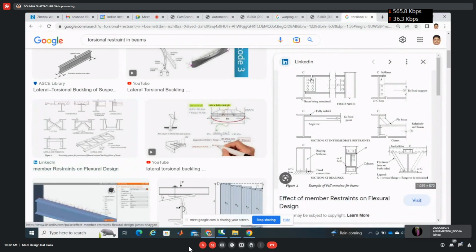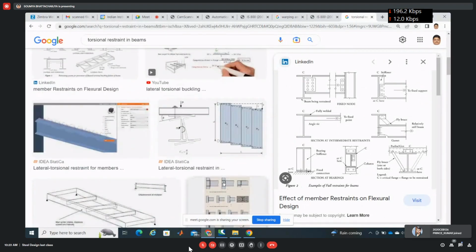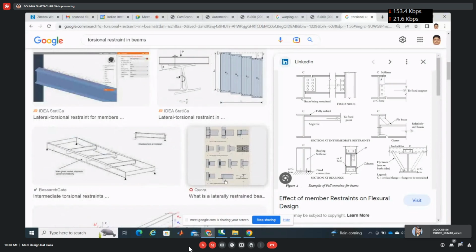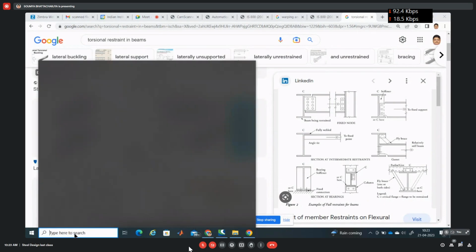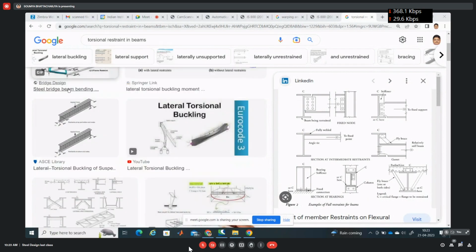At the end, if I provide cleating, then also I can restrain the torsion at the end. I think it would be better if I can show you a diagram.